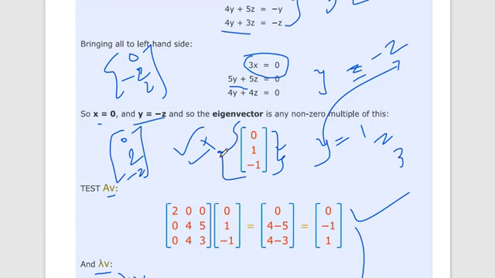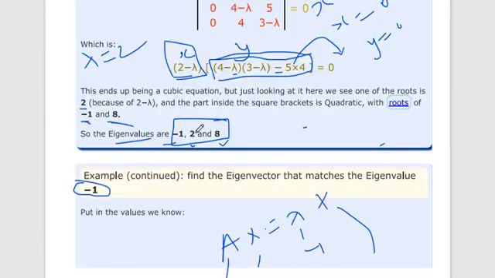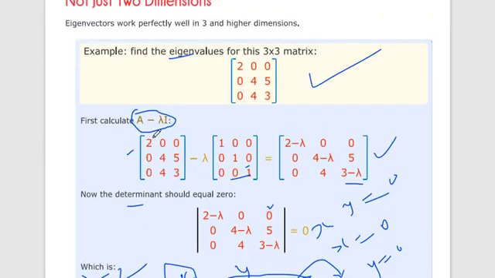You can also solve for the eigenvector with respect to eigenvalue 2, and also the eigenvector with respect to eigenvalue 8. So this matrix has 3 eigenvalues and their related eigenvectors, with infinitely many vectors each. So this is a 3 by 3 matrix.